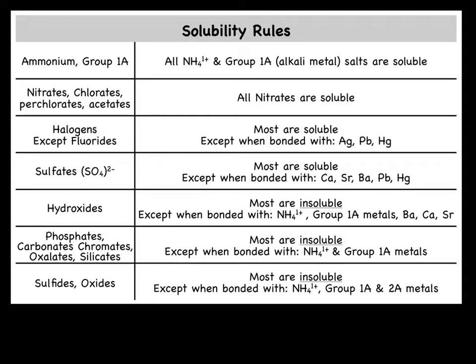All right, so let's talk about these solubility rules. You can look at yours while I'm going through this. I'm going to be writing things on this. This is a handout, so do not write stuff on it. Let's read through this and see if it makes sense. If you have ammonium, which is NH4, and any group 1A element like hydrogen, lithium, sodium, potassium, etc., what does that tell you?